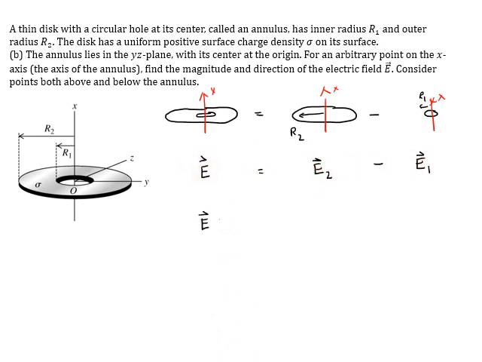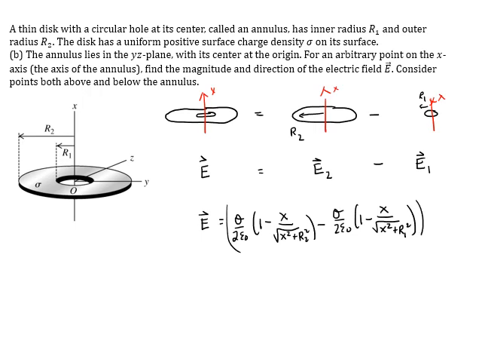So our electric field then is the electric field of the bigger disk, which is sigma over 2 epsilon naught times 1 minus x over square root of x squared plus R2 squared. Then we're subtracting the electric field of the little disk, sigma over 2 epsilon naught, 1 minus x over square root of x squared plus R1 squared. It is a vector, it's all in the x direction, so that's the i direction. So there's our answer. We can neaten that up a little bit.